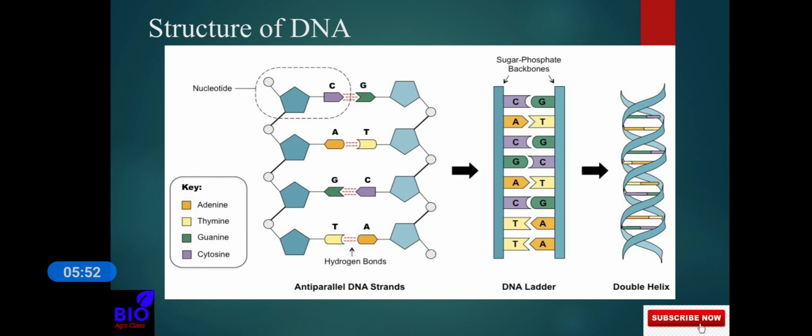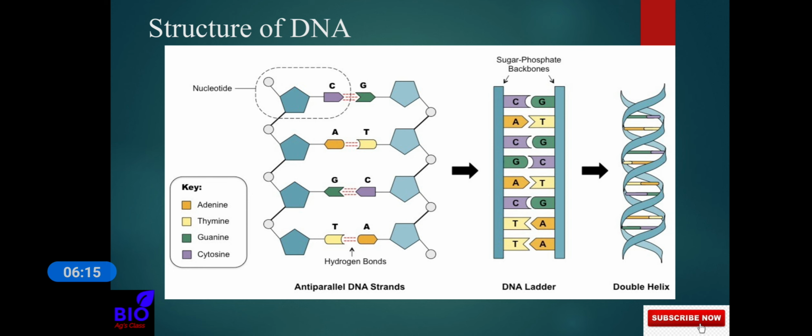They always make a pair between them, as adenine always remains with thymine and guanine always remains with cytosine, and these pairs are held together by hydrogen bonds.